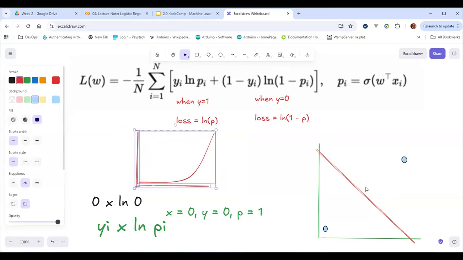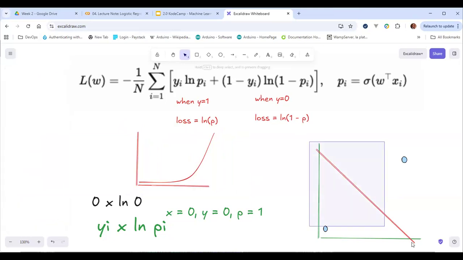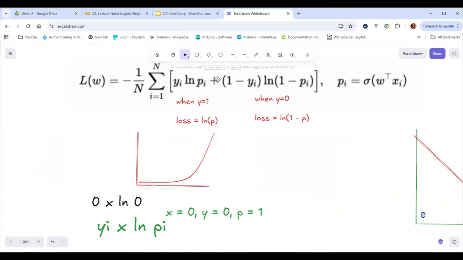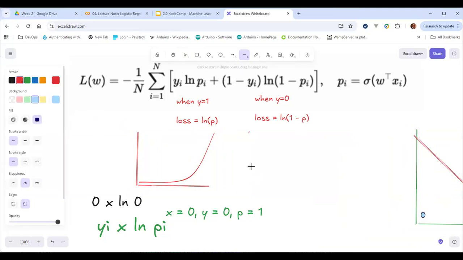So the curve of 1 minus p, let me move this a bit to one side, will look something like this. Intuitively we would have thought it should look a bit like this.